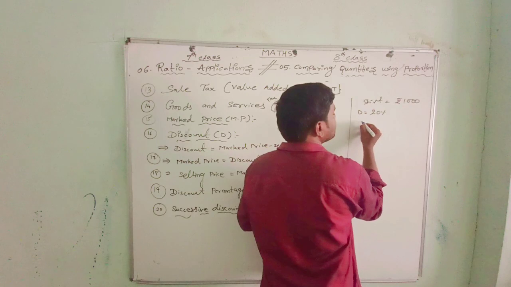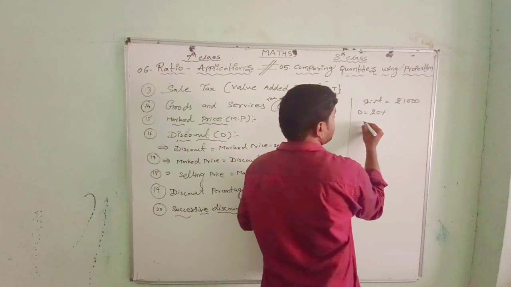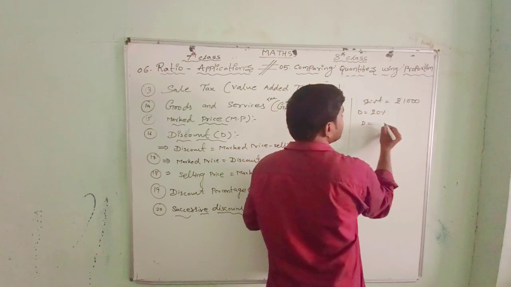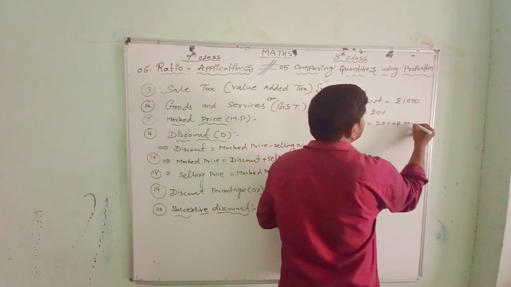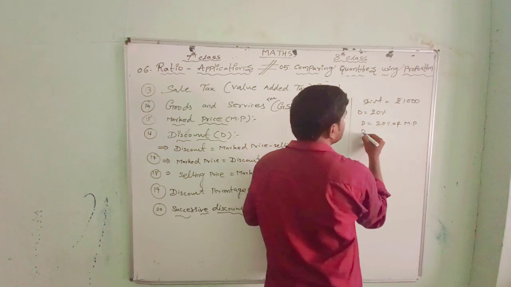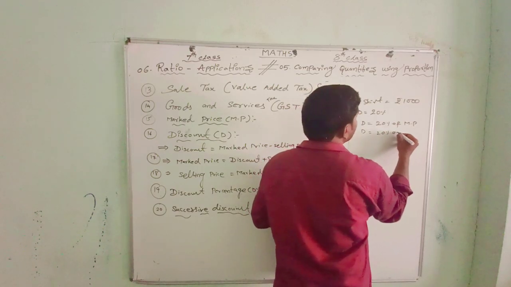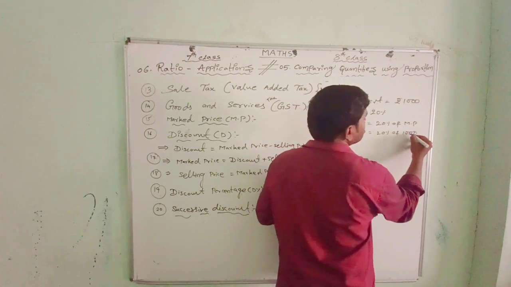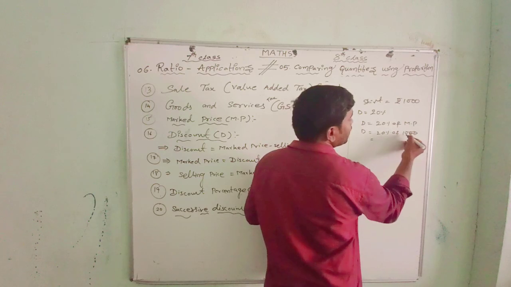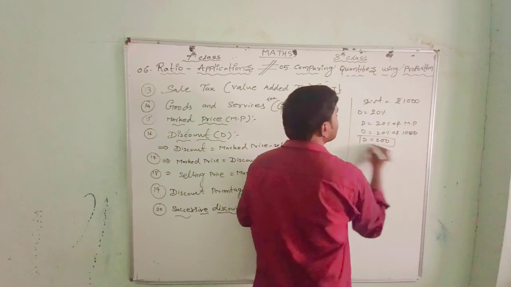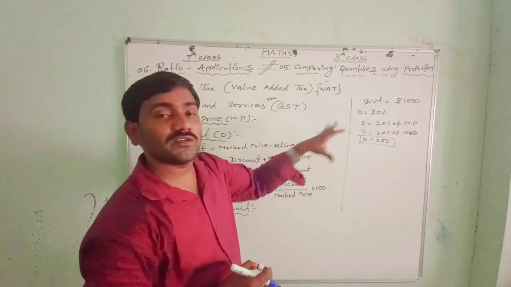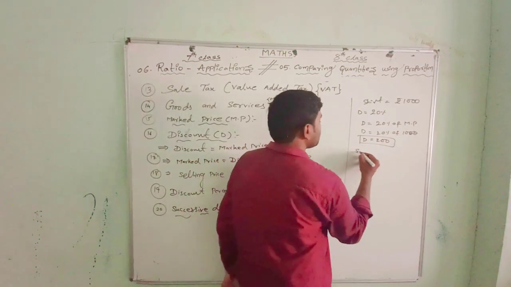Then what do we get? The discount amount will be 20% of the market price. Market price is 1000. Discount equals 20% of 1000. These two zeros get cancelled. 20 into 10, that is 200. You got a 200 rupees discount. That means what is the selling price now?